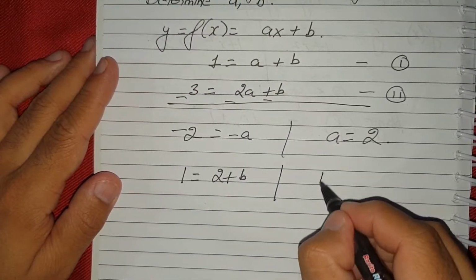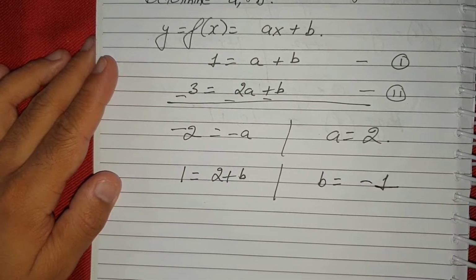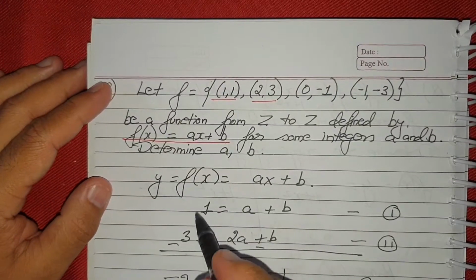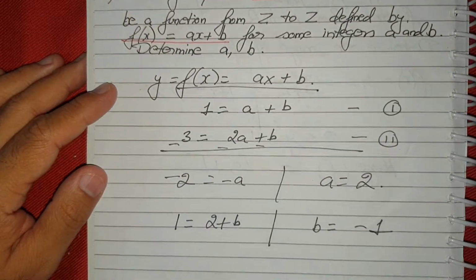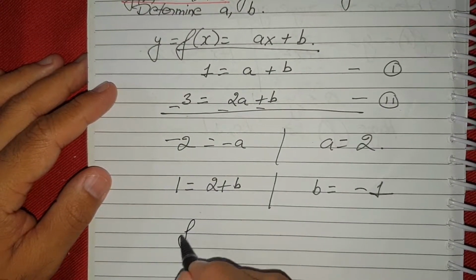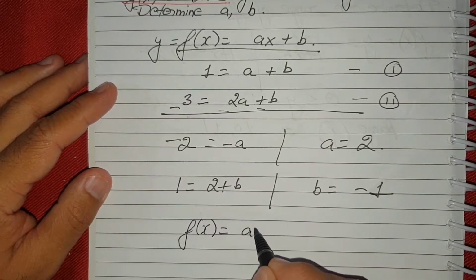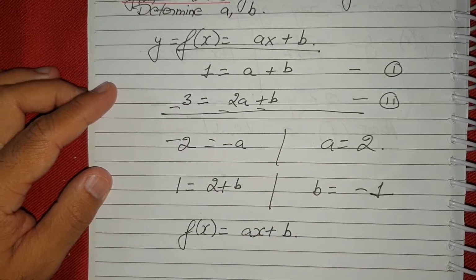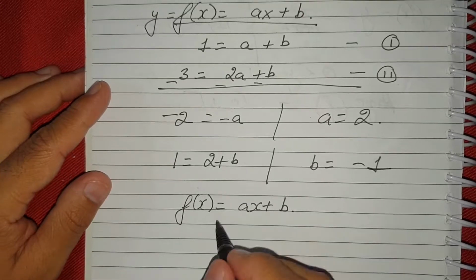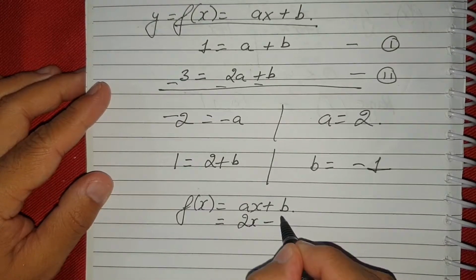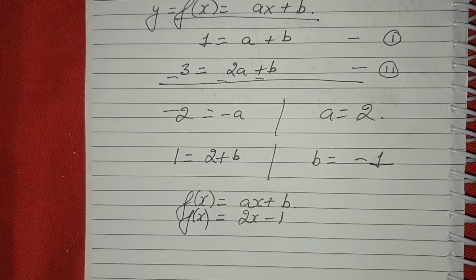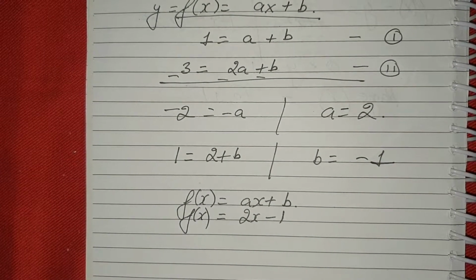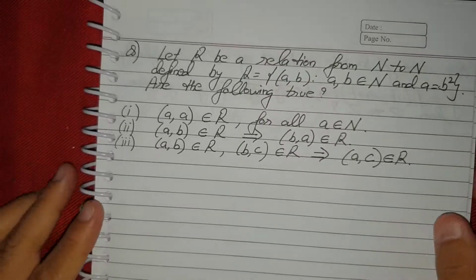So this implies b is minus 1. So what was f(x)? It is ax plus b. What is a? 2. b is minus 1. So this is 2x minus 1. So f(x) is 2x minus 1.